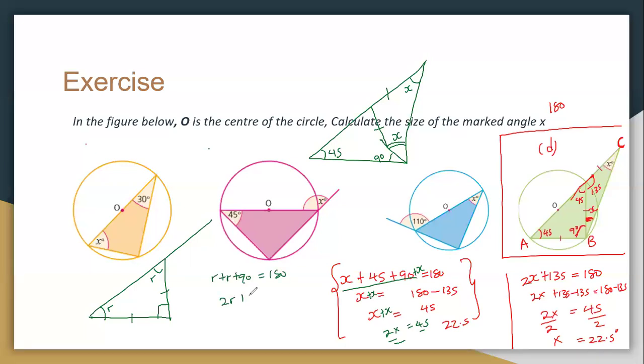So 2R plus 90 is equal to 180, minus 90 on both sides, and you get 2R is equal to 90. When you divide by 2, you get 45. So that's how they got 45. And then, you know, angles in a straight line add up to 180. So the angle here will be 180 minus the 45, and then you use the other property. So either approach of the two would yield the same answer.